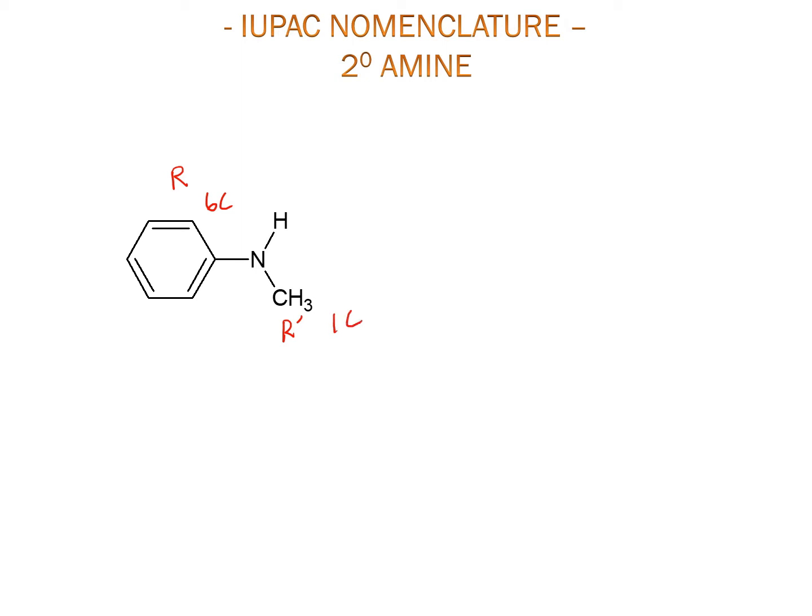So we choose the longest continuous carbon chain bonded to N as the parent chain. The name of the parent chain is aniline, and then you have a substituent methyl bonded to N. So the name of this amine is N-methyl aniline.